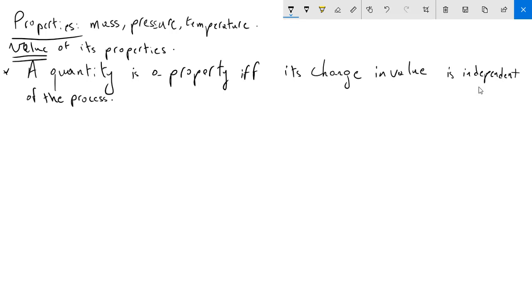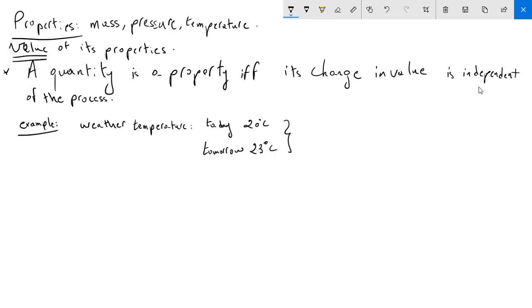So, for example, the weather temperature. Let's say today the weather temperature is 20 degrees C, and tomorrow it will be 23 degrees C. So the change in temperature between tomorrow and today is 3 degrees Celsius.